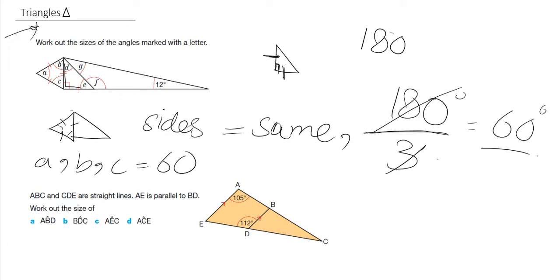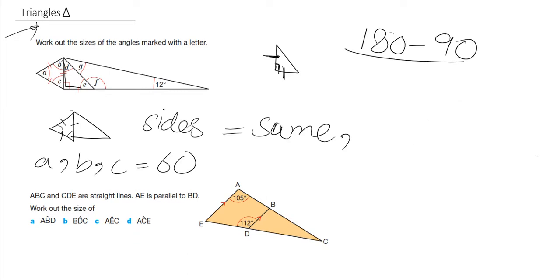So we have to subtract the 90 degrees from 180, and the two angles that are left behind will give you the D and E angles. 180 minus 90 would be 90. So we have cancelled out this 90, and we have to find the D and E angles.